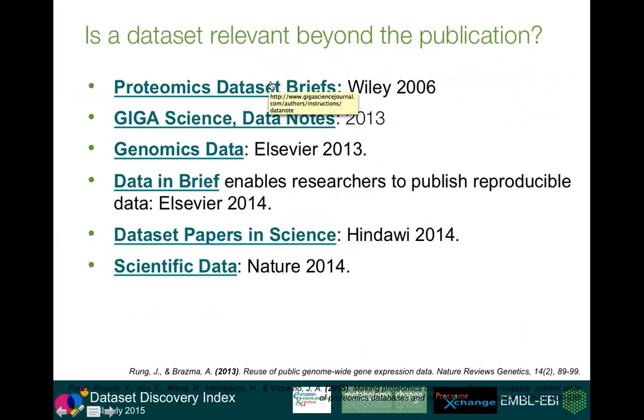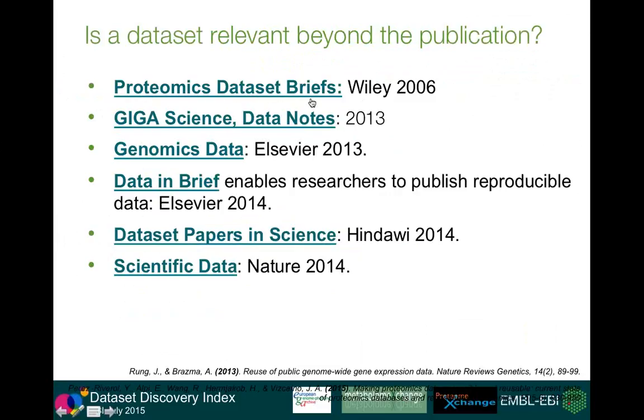One big question we want to address is whether datasets are nowadays relevant beyond the publications. And there is a small trend we found in the last couple of years, let's say 3 years: there is an uncommon trend of creating new journals or new types of publication that are focused on datasets.